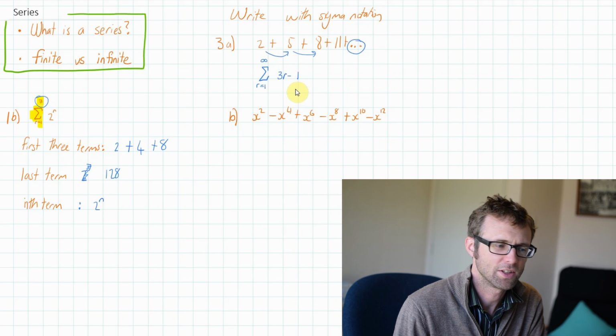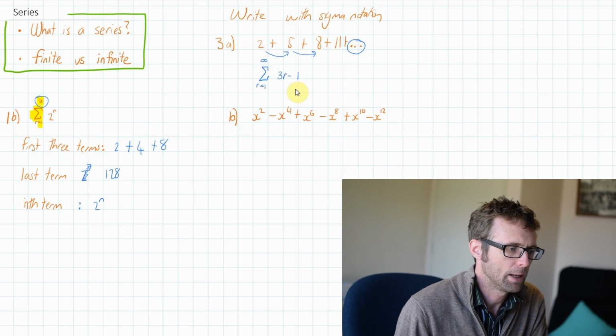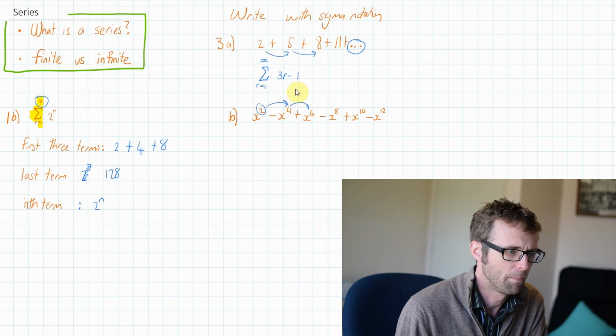Let's look at our next series. Well, we notice that we're going up in powers of 2. So it's going to be something like x to the power of 2r, because r is 1 here and we get 2, r is 2 here and we get 4, r is the third term here and we get 6.